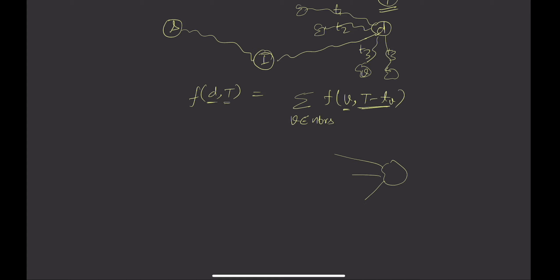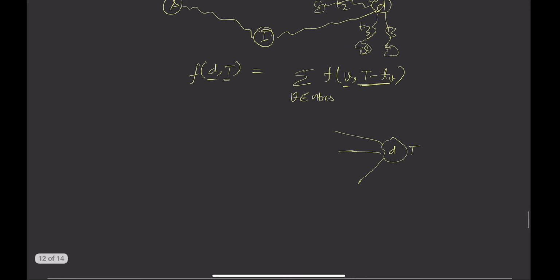So from the destination I know the time t, the final time, the shortest amount of time to reach this destination node. Let's write it as d is t. From here go to all the edges, all the neighbors of d, and write their values as the time to reach them. Let's say n1, n2, n3 with t1, t2, t3.